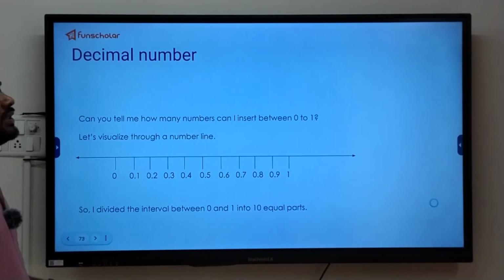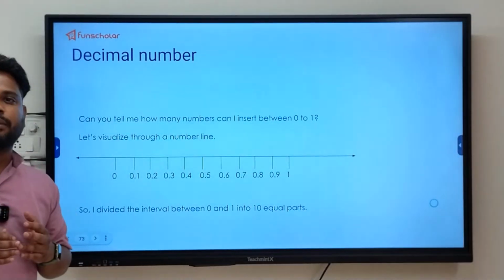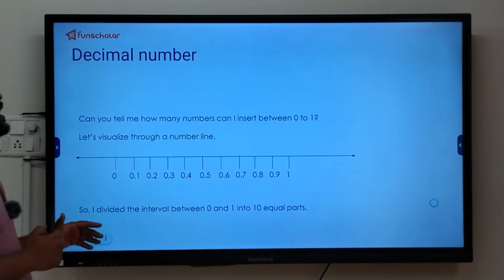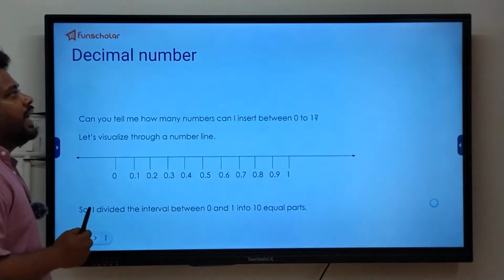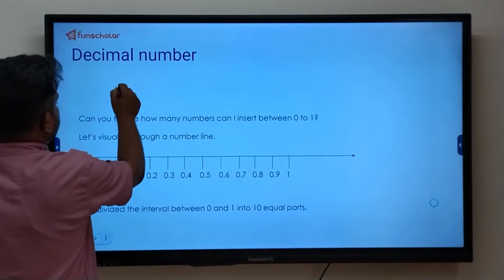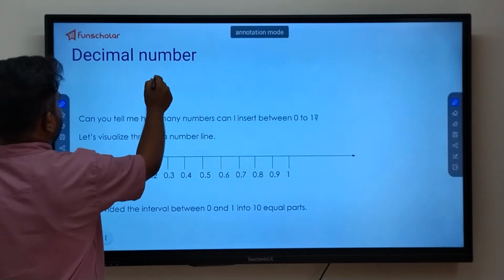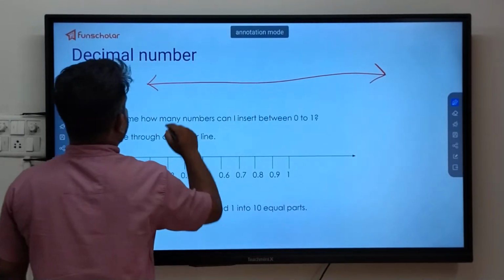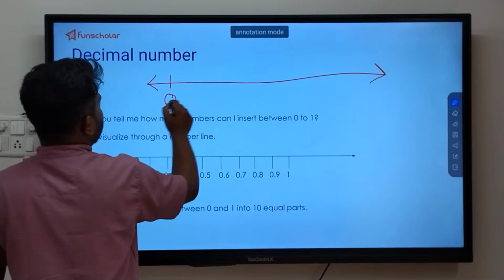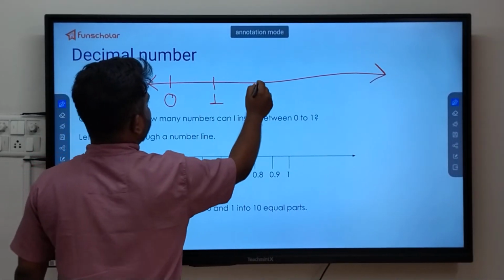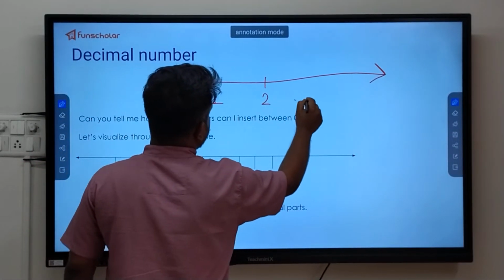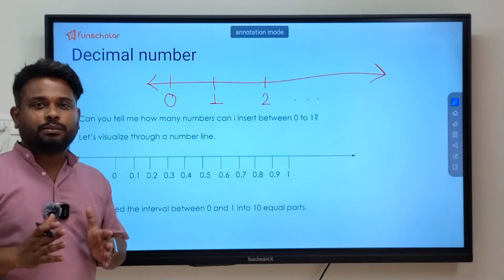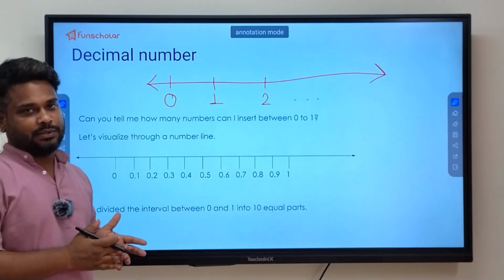Just like you have already learned about rational numbers, there are so many numbers between any two rational numbers. If this is a number line where 0 is lying here, 1 is lying here, 2 is lying here, and this goes on, there will be infinite numbers between any two rational numbers.